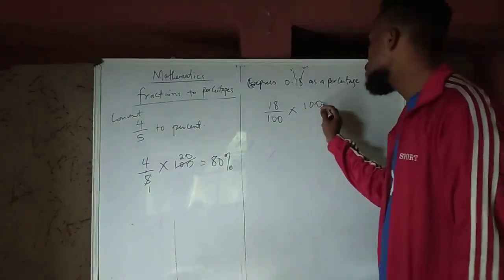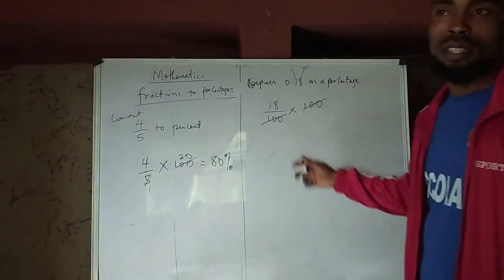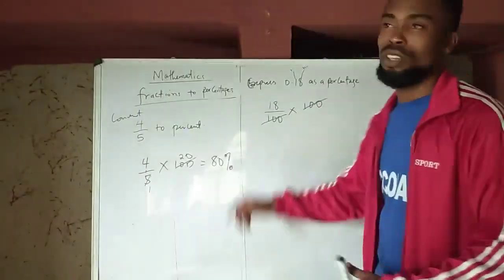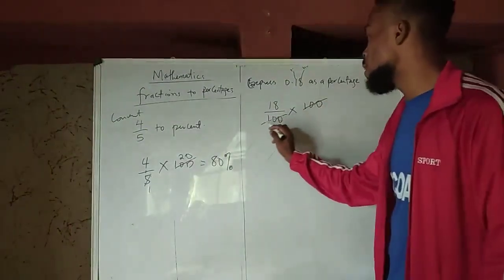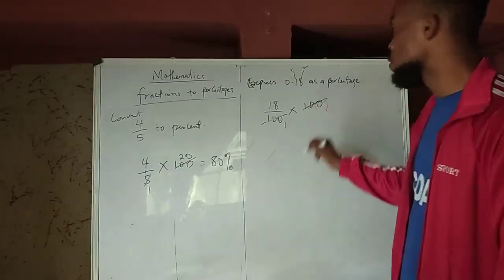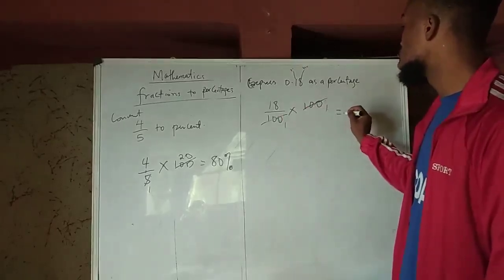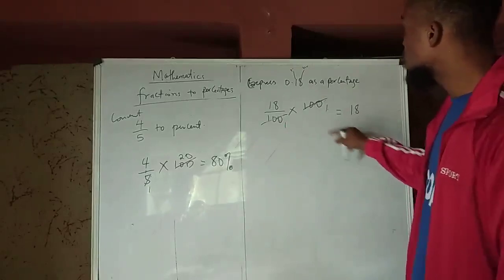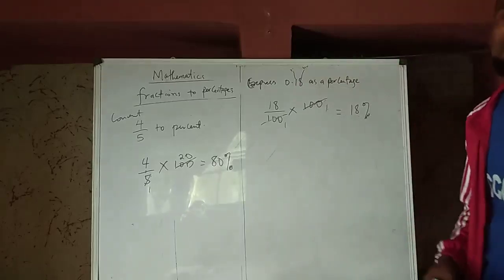This will cancel because you cannot think of any other factor of 100 and 100 which is not 100. So 100 divided by 100 gives you 1, and 100 divided by 100 gives you 1. What we are left with is 18 times 1, which gives 18. So that means 0.18 is equivalent to 18%.